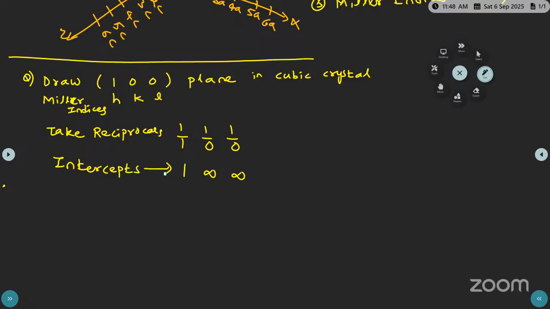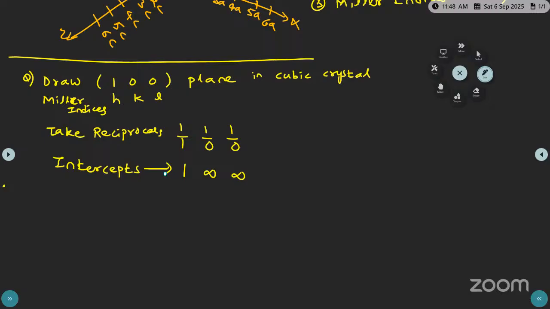Now what are the intercepts for the 100 plane? 1, infinity, infinity. For any plane, if the intercept value is infinity, what does it mean?